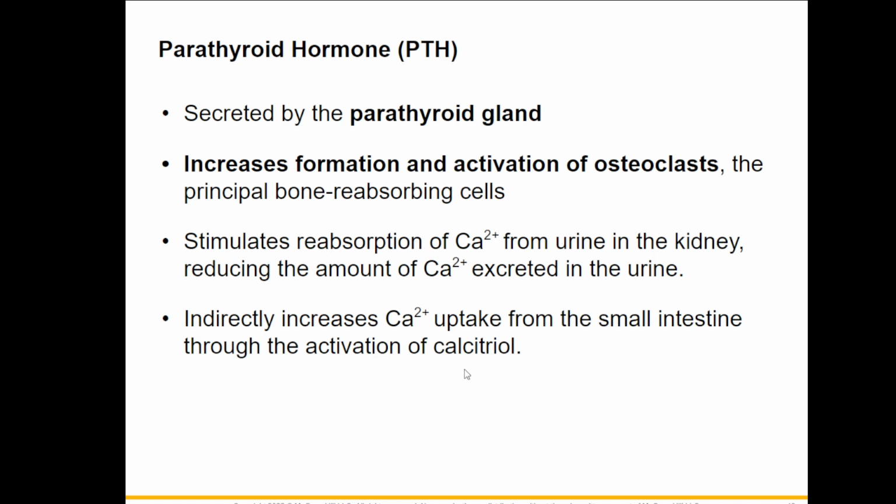Another thing that it does, it indirectly increases the calcium uptake from the small intestine. So, it takes the calcium that we digest from the small intestine. So, again, the goal of your parathyroid hormone is to increase the amount of calcium in the blood. And it does it in 3 ways: activation of osteoclasts, reabsorption of calcium from the urine, and increasing the calcium uptake from the small intestine.